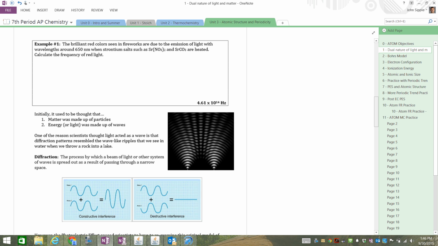If we want to calculate the frequency of that light, we have wavelength and frequency, and they're related together with c. So we want to solve for frequency, my funky-looking v with wings. We get speed of light divided by wavelength. The speed of light is 3 times 10 to the 8 meters.